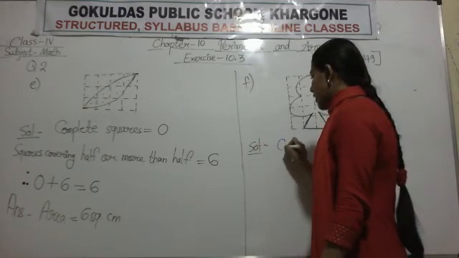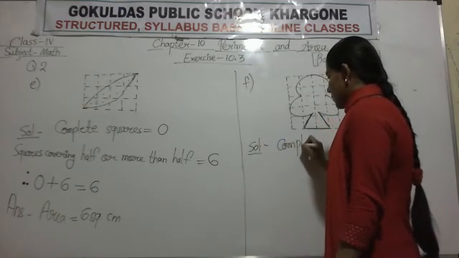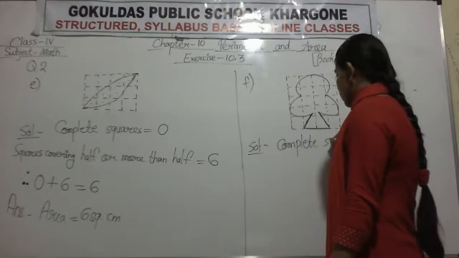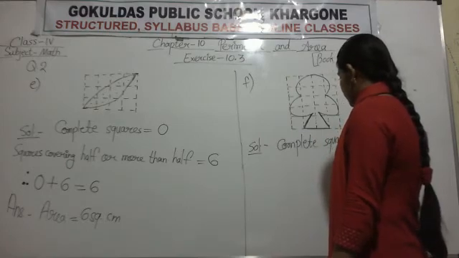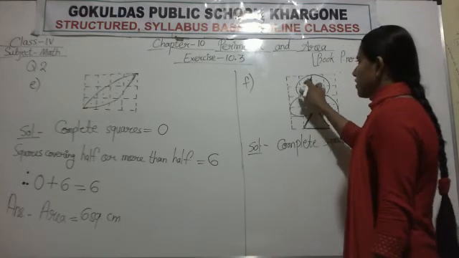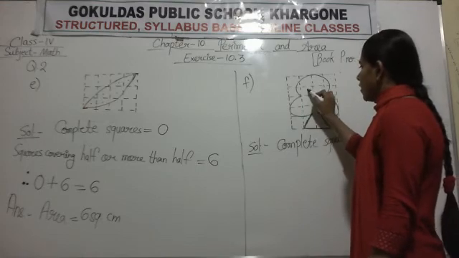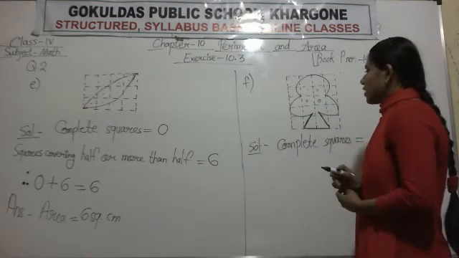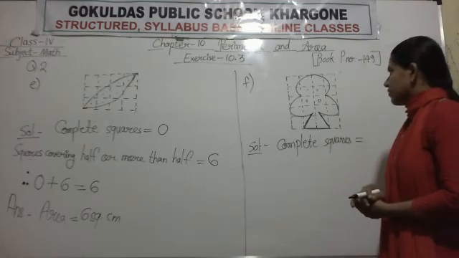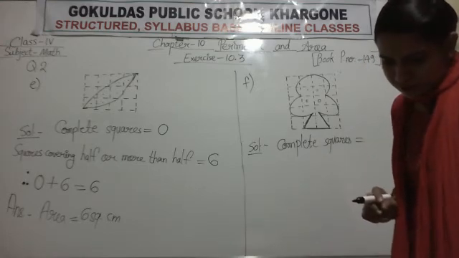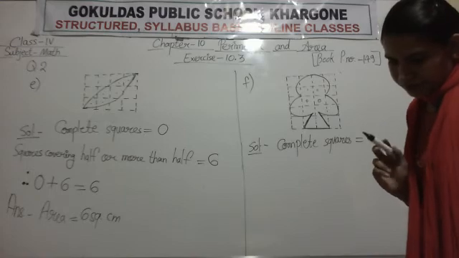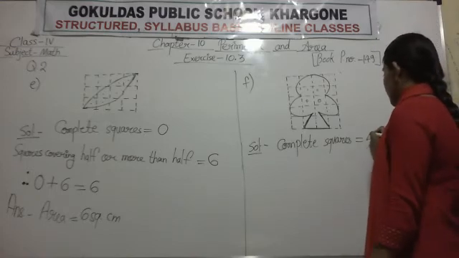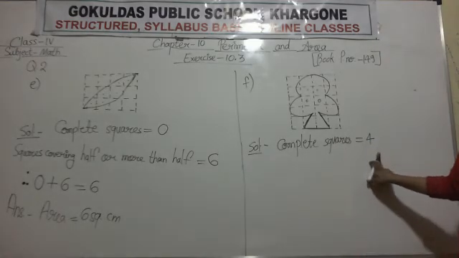First of all we will count the complete squares. How many complete squares inside the figure? 1, 2, 3, 4. 4 complete squares inside the figure. Right? So number of complete squares is 4.